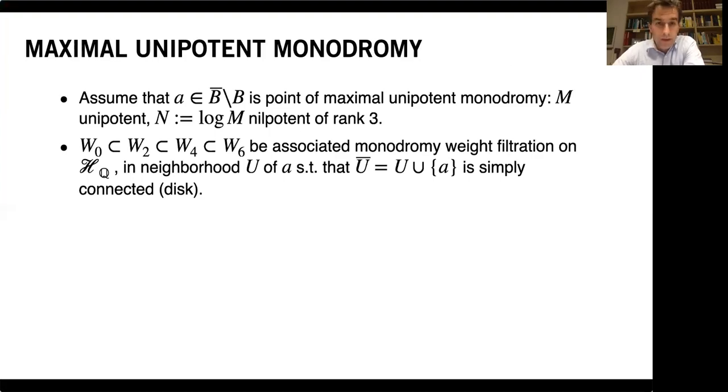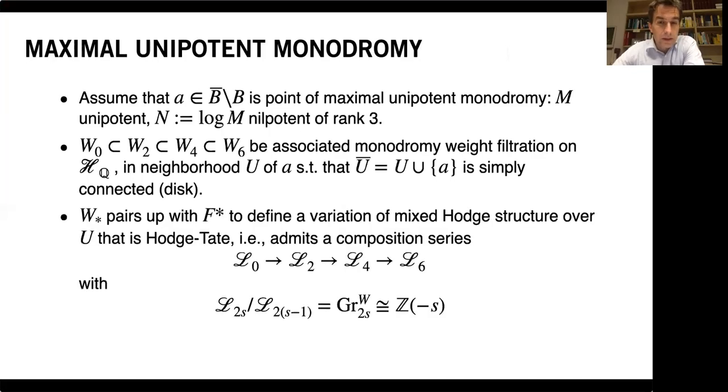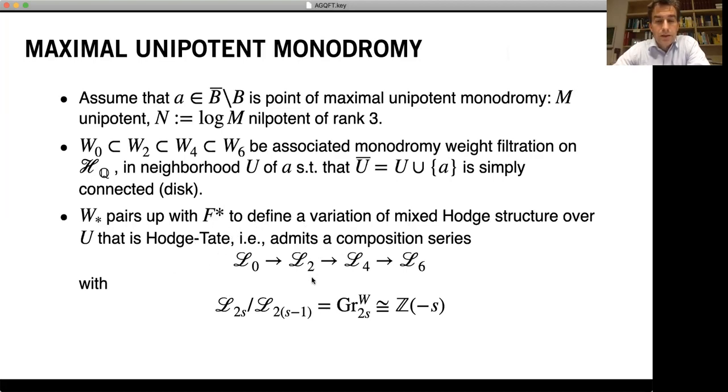That's where the formal power series arise. The weight filtration with the Hodge filtration gives you this mixed Hodge structure that is Hodge-Tate, so it has a composition series with coefficients just being Z(-s), just Tate twists of the integers.